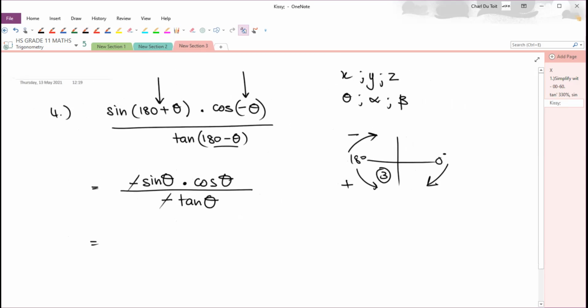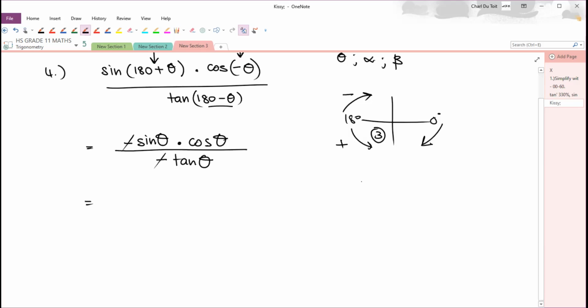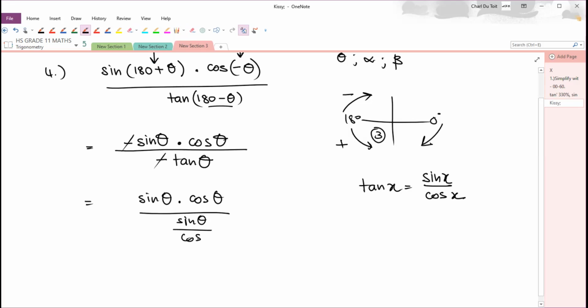And then you have to learn the following, that tan can be rewritten as sin divided by cos. Look, it doesn't have to be theta. It can be any unknown. So basically I have sin theta times cos theta divided by sin theta over cos theta.